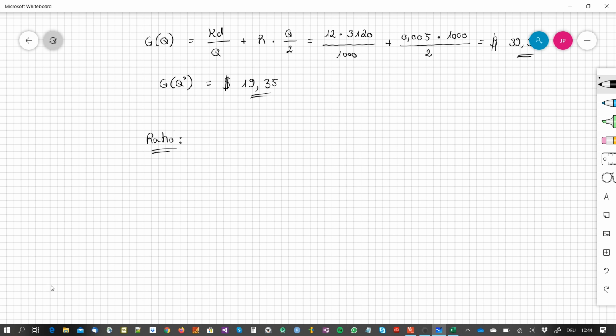If we now use this knowledge of our ratio that we have just derived, that was given as the ratio between the new order cost and the optimal order cost. In the formula, it's given as follows.